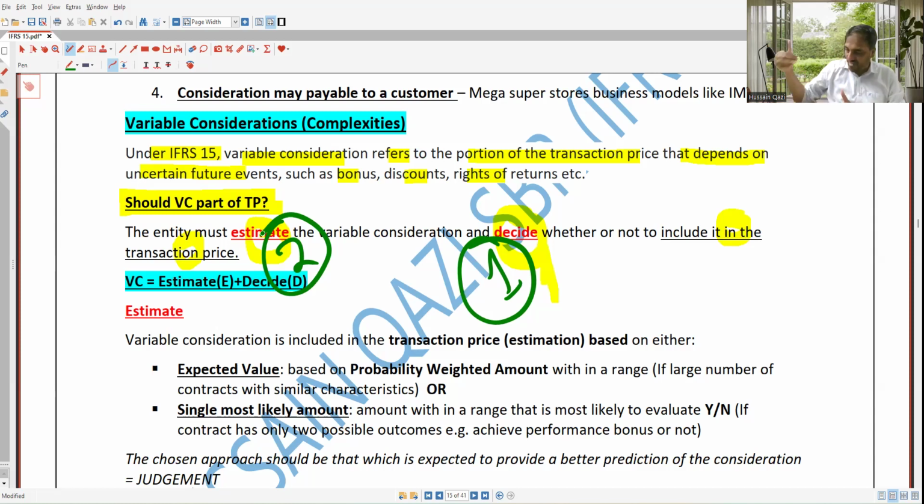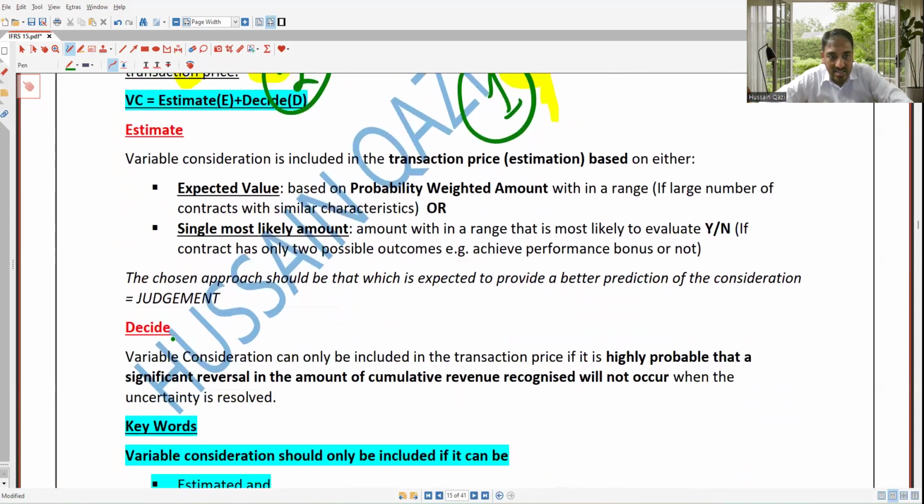Once we decide that yes, variable consideration must be part of the transaction price, the second point is how much? How to estimate? Because it's an estimation. That's the point. Here the standard particularly mentions it.